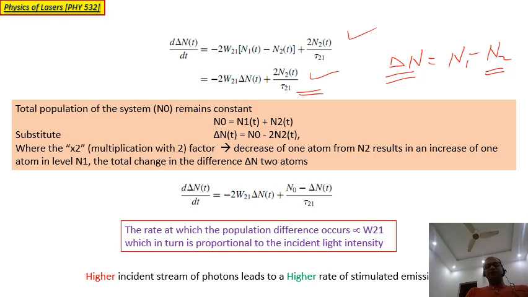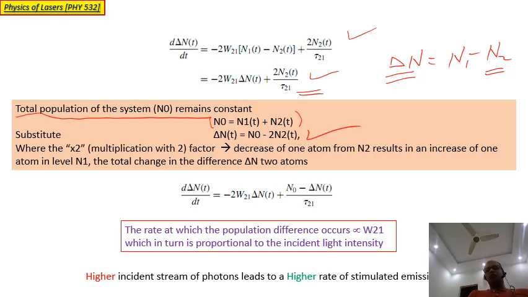If you remember, the last lecture also mentioned that the total population of the system remains constant. The populations keep going up and down, but the total population remains the same. So if the total population we say is n0, equal to this, then if we substitute this here we get this value.